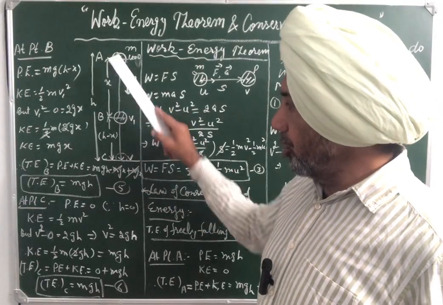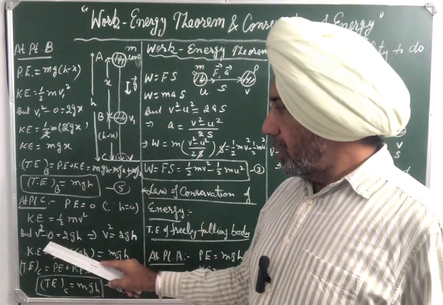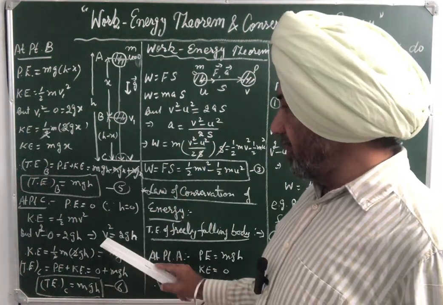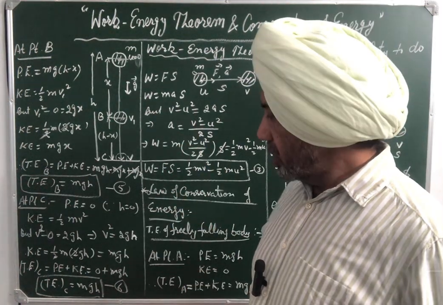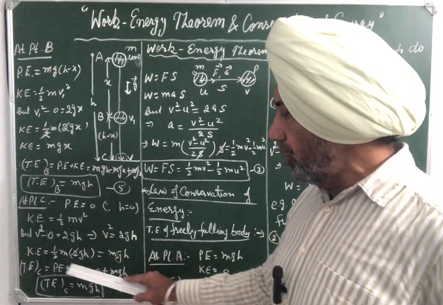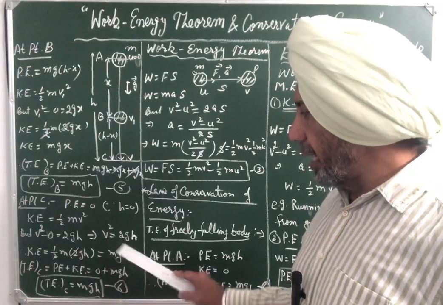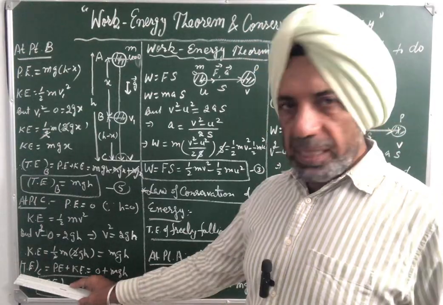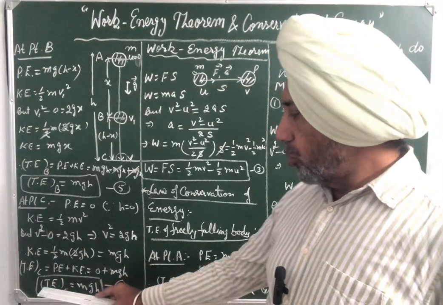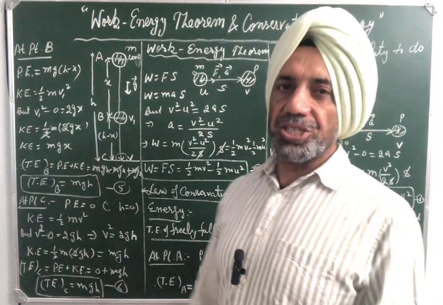Initial velocity is 0, final velocity is v, and the distance covered is h. So v square is equal to 2gh. Substituting the value of v square in this equation, kinetic energy is equal to half m into 2gh. The 2 cancels. Again kinetic energy comes to mgh. Total energy at C is equal to potential energy plus kinetic energy, so it is 0 plus mgh. So total energy at C is equal to mgh.